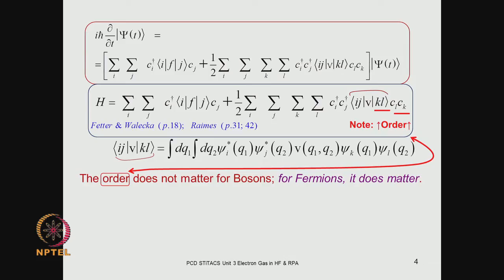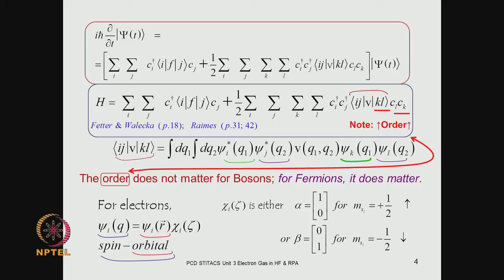Now, always remember that one has to keep track of the order of these operators CL, CK. These are destruction operators for the lth and the kth state respectively. But this order is important for fermions. It is not important for bosons, because the commutation and anti-commutation rules for the creation and destruction operators for fermions and bosons are different, as you are well aware.